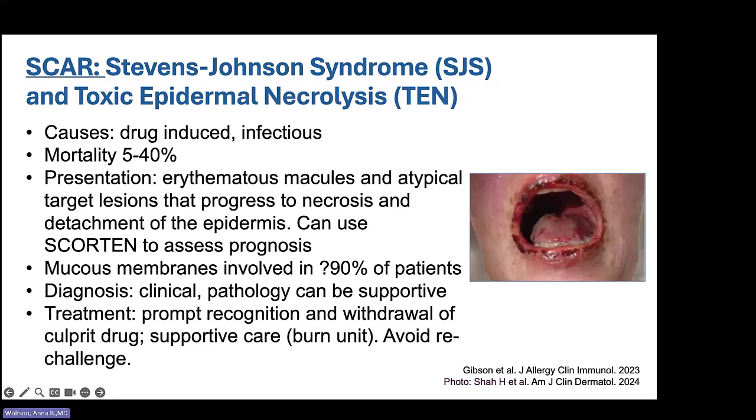So when taking the history, I have noticed one of the classic questions that people ask in order to try to diagnose Stevens-Johnson syndrome is often the question of, were your mucous membranes involved? And the reason is because patients will often say that their skin flaked, and they can make it seem as though their skin was almost debriding after having had blisters.